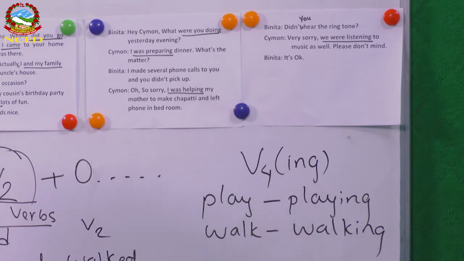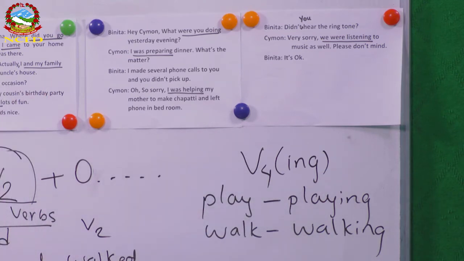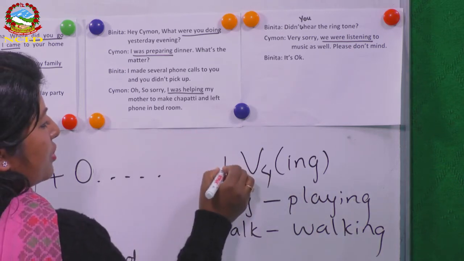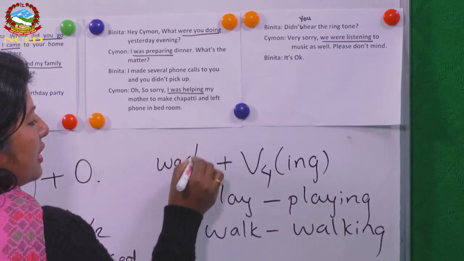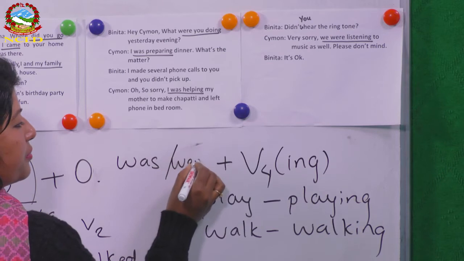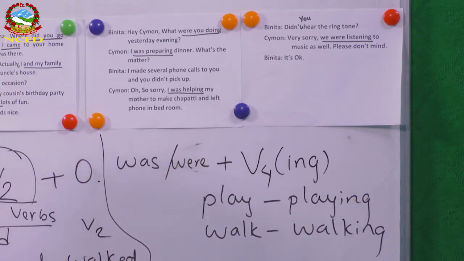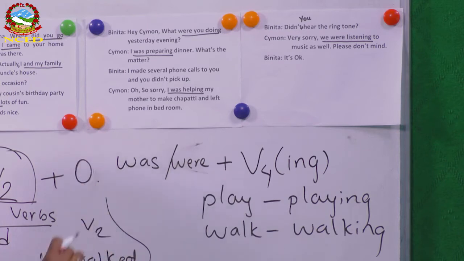So just by adding ing, we can change the first form of the verb to verb four. So there is the use of verb four, as well as the use of was or were before verb four. So was or were plus verb ing. Subject, let me drop this first one.